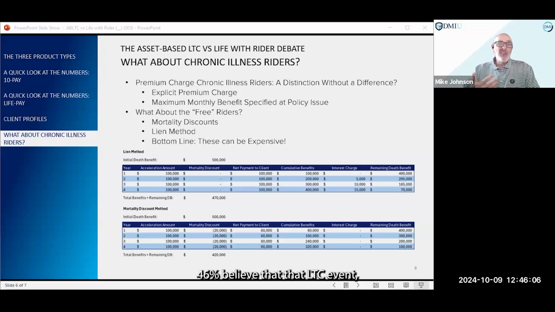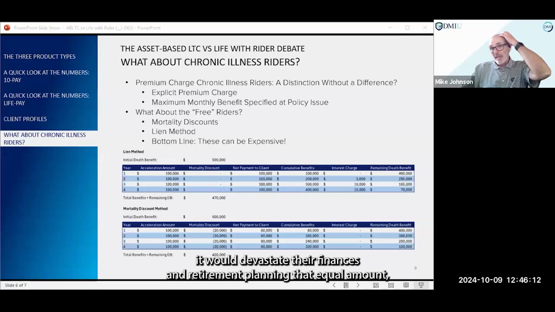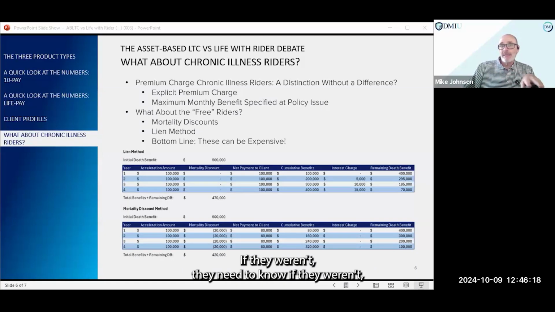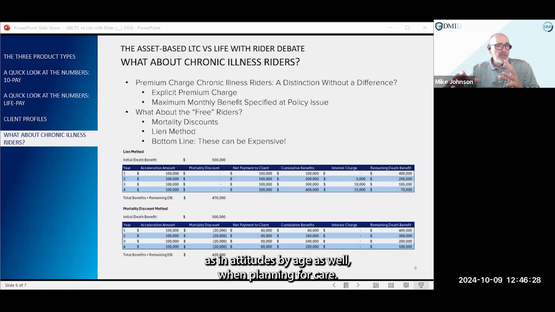46% believe that an LTC event would devastate their finances and retirement planning, and that equal amount, that 46%, want to remove that burden from their family members if they were in a situation where they needed that care. So these studies show that there are differences in attitudes by age as well when planning for care.